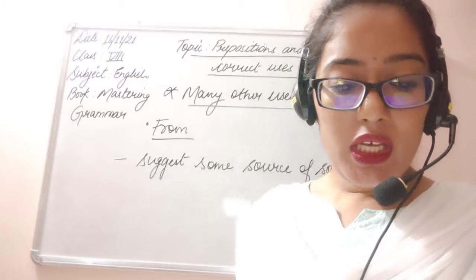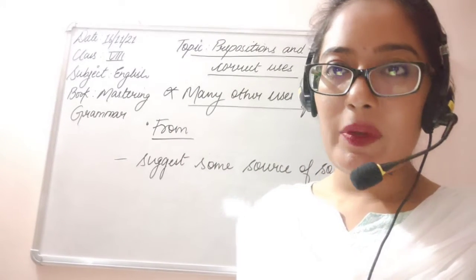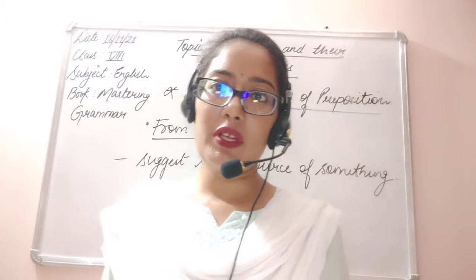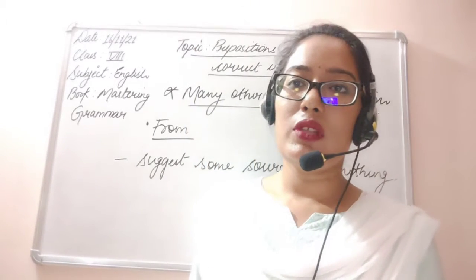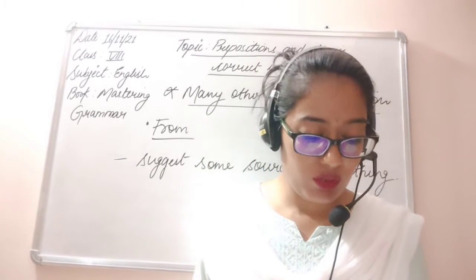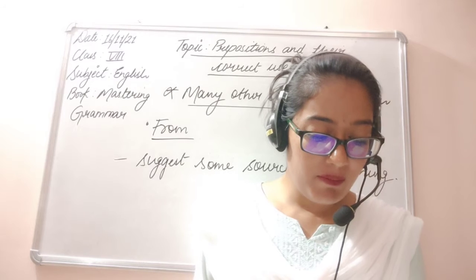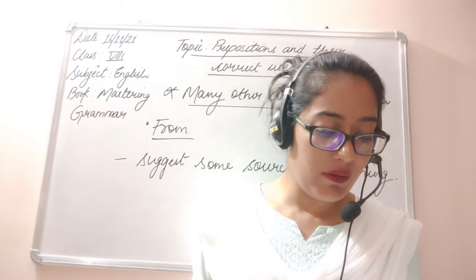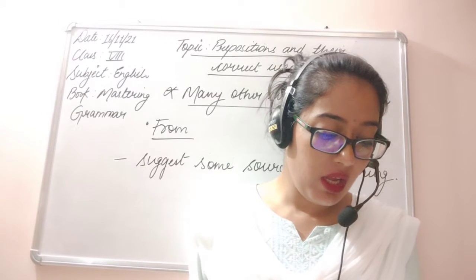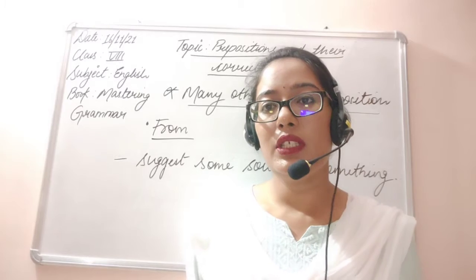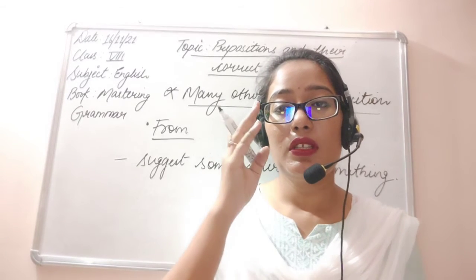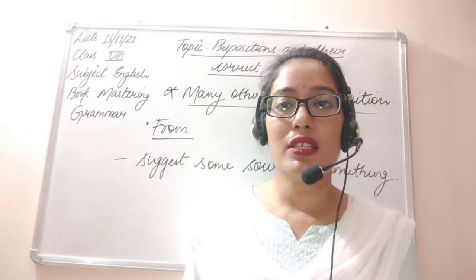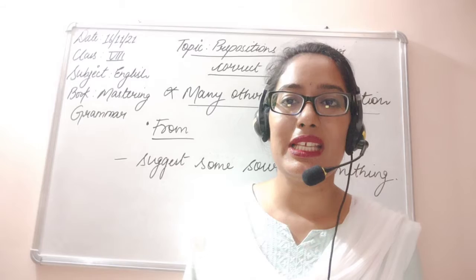In is also used with expressions like in the meantime, in fact, in general, in love with, and in the long run. These are some expressions for which in is used.